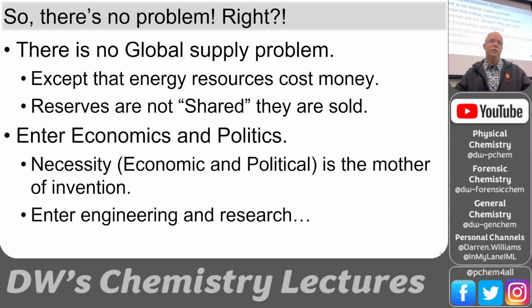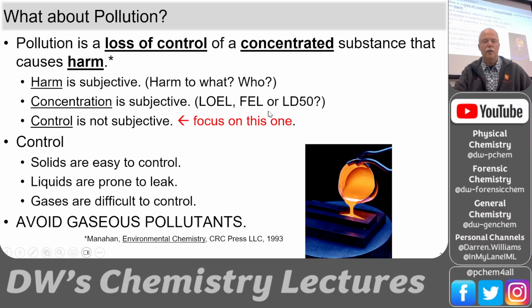But those are all political issues. It has nothing to do with how useful and profitable nuclear energy is for generating energy. So yeah, economics and politics plays a huge role.